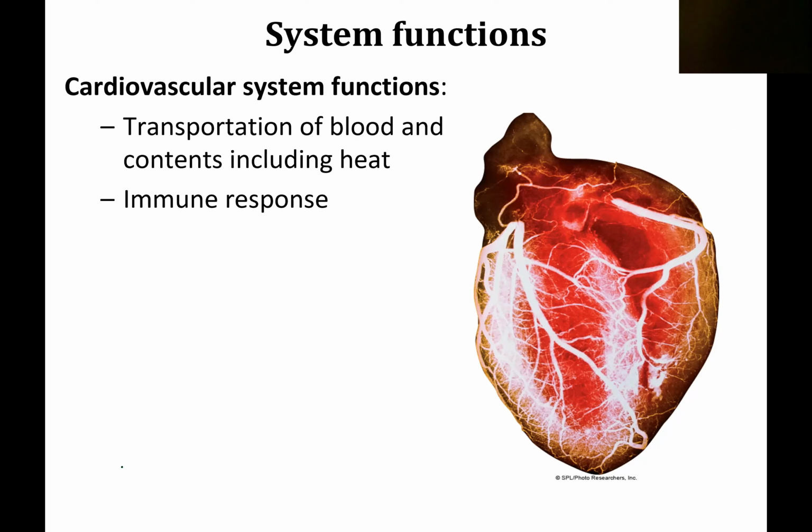The immune response, which we've talked about in the lymphatic system. Fluid, electrolyte, and pH balance. Again, it's a location, it's a transportation, so it's a source, and it's a place to get rid of them.